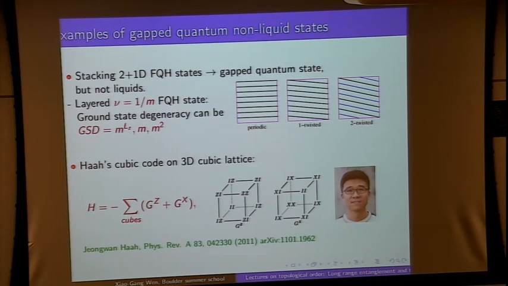Isn't that because you're in an atomic limit to a perfectly flat diamond? The reason is that because of the topological order in each layer, even though you allow tunneling between the layers, this tunneling somehow cannot merge them together. This individual layer structure survives at low energy.